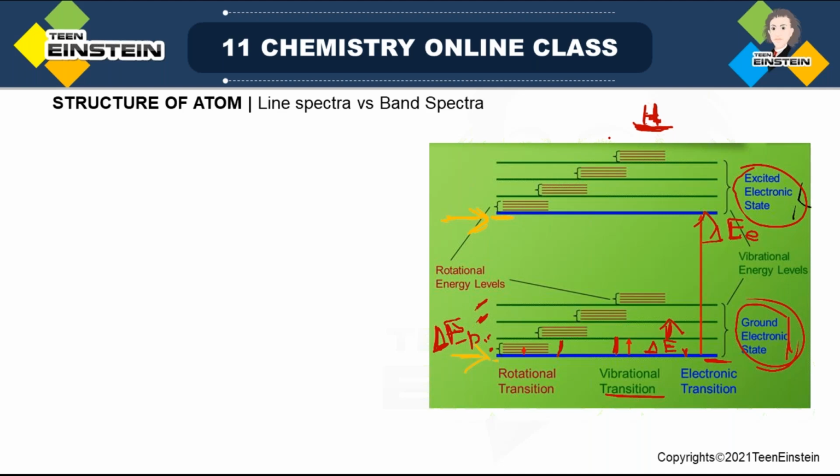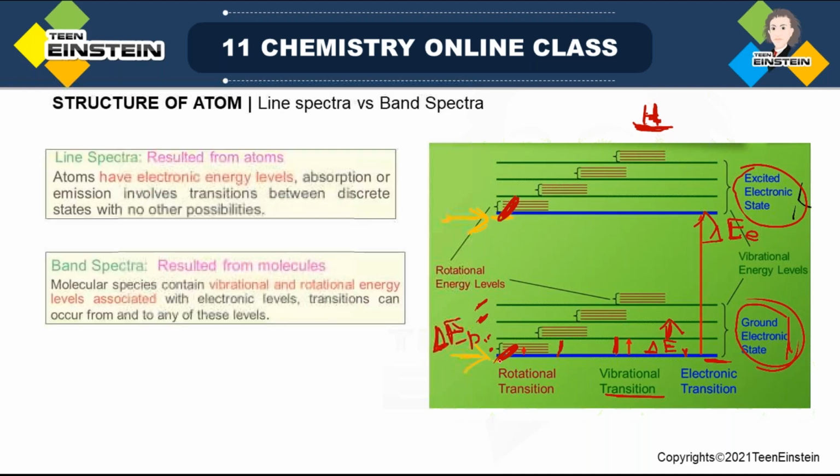So this is the reason why line spectrum is simple, because you have only these two energy levels, this blue one and this blue one, and the corresponding energy. That is why you are getting single lines, but not for molecules. For molecules, rotational and vibrational transitions are also involved. So line spectra result from atoms.